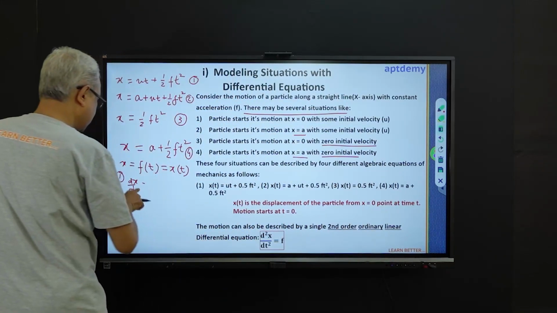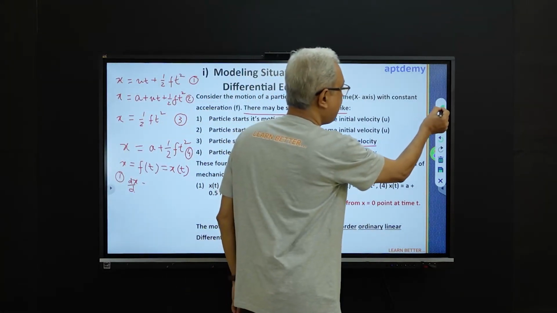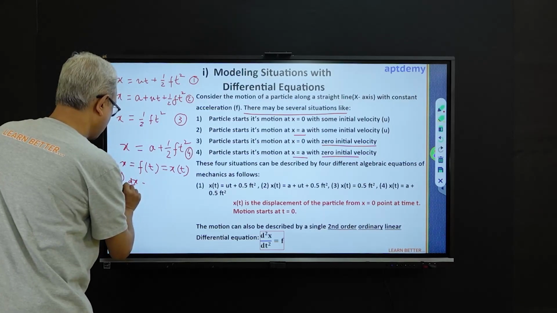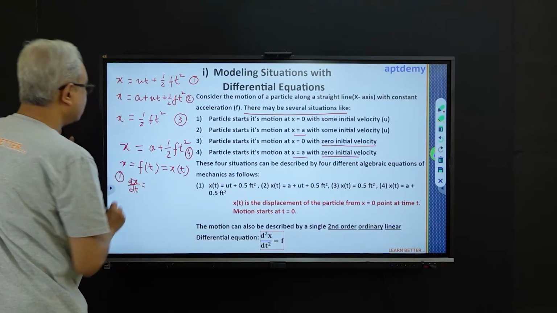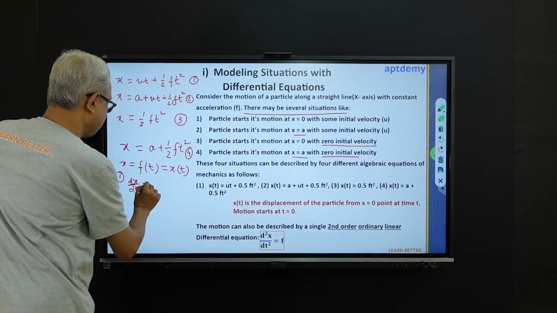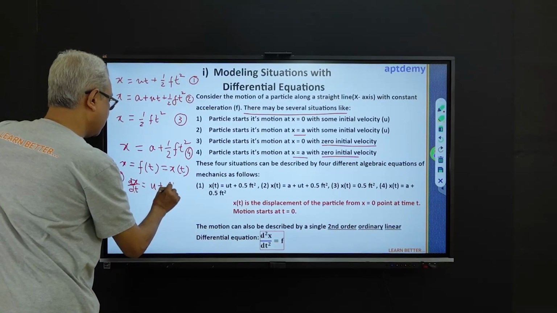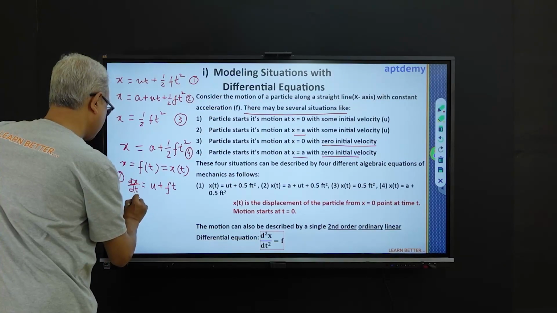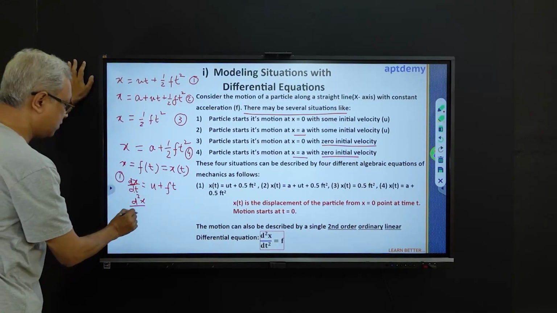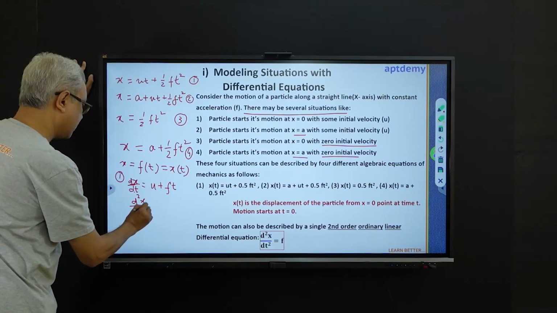What will you get? dx dt is u plus ft, and d2x dt square will be f.